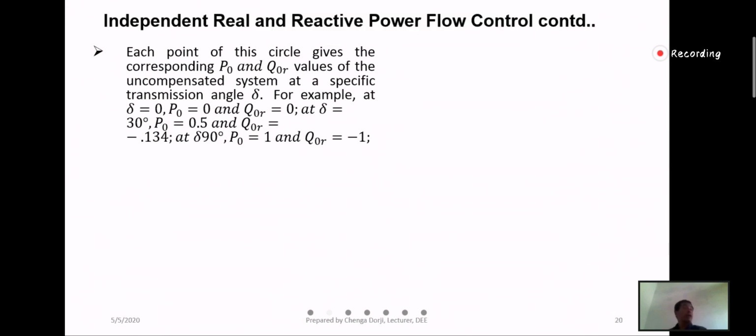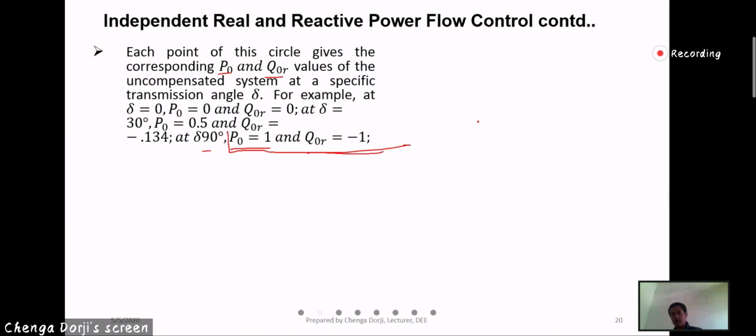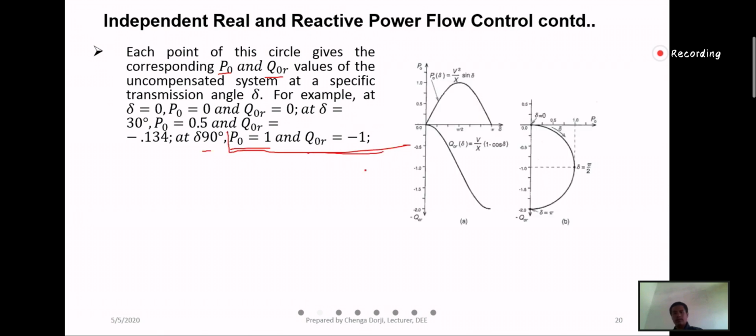Now another point you can write down is each point of this circle gives the corresponding PO and QOR values of the uncompensated system. So this is the uncompensated system at a specific time. So for example, at del is equal to 0, PO is 0, that is what we have seen. So at del is equal to 90, both are maximum, but one is negative and another one is positive.